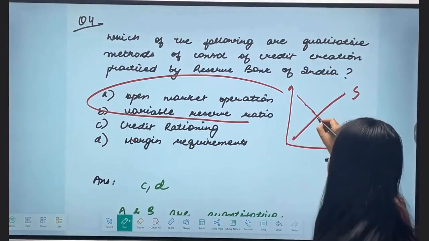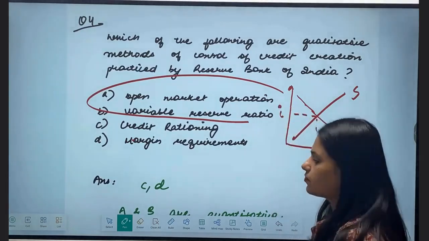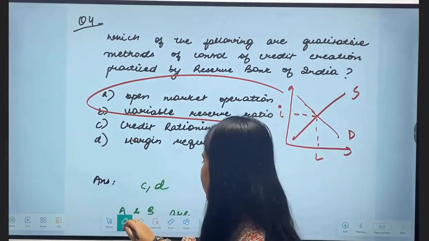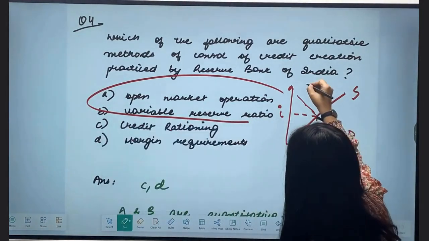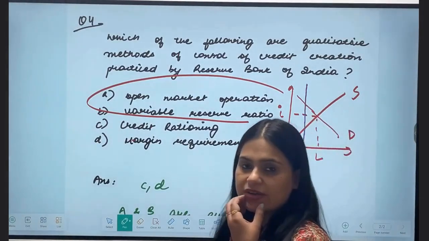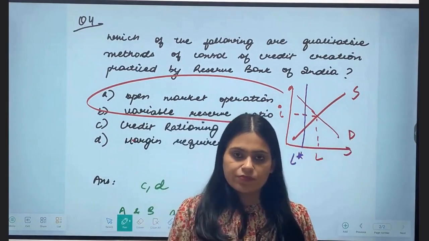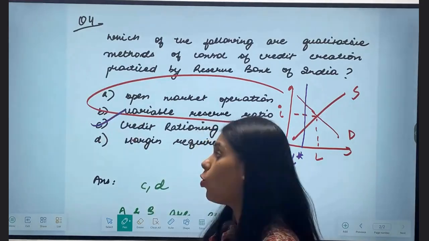Let's say these are the loans that are coming at equilibrium and this is the interest rate. Now I go ahead and put a ration that above this, no loans are given, right? Then it is credit rationing, right? So credit rationing is a qualitative measure.